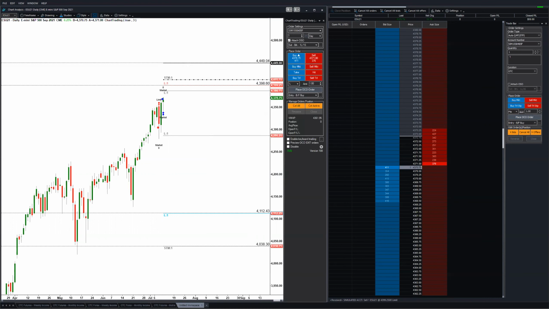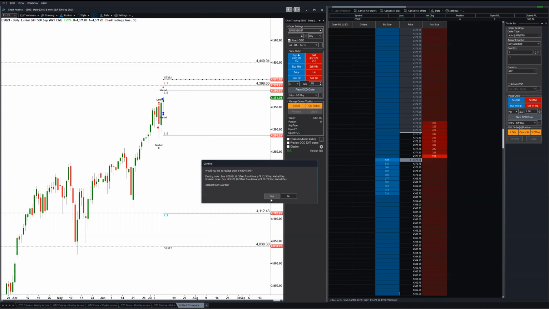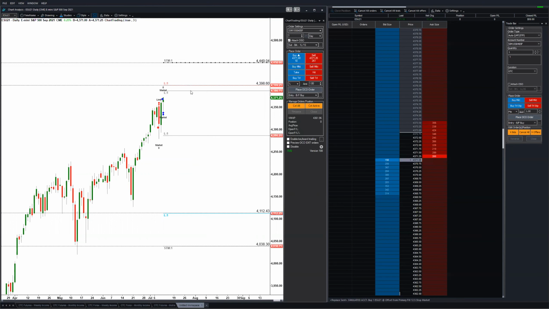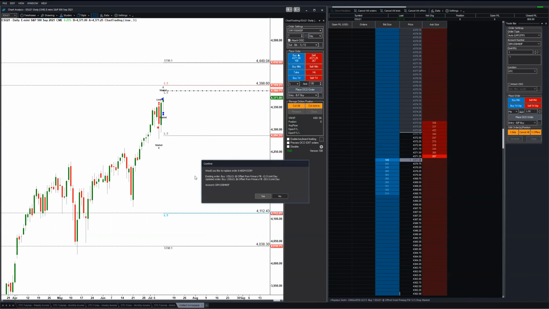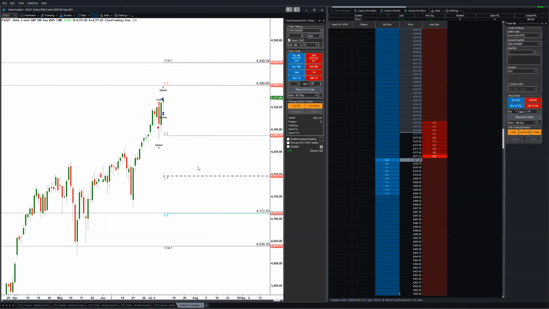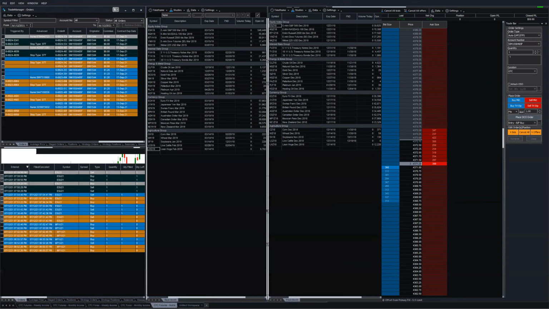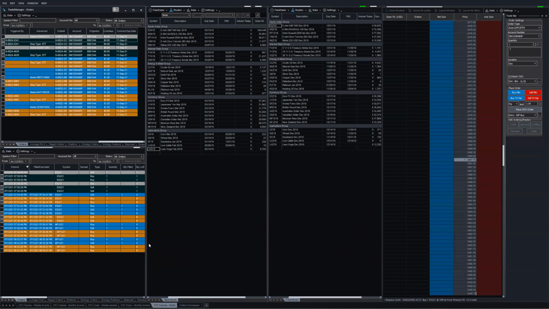I move my stop loss higher, my target wherever I want to have it for the short, right? And then I have my short placed as well, right? And I find these again here in the order summary of orders.